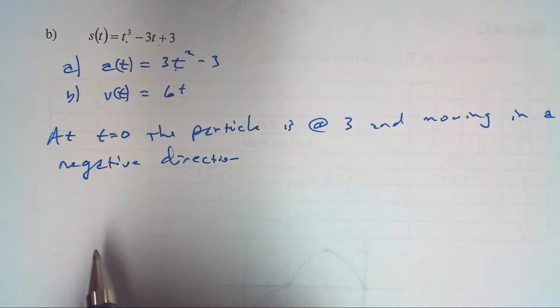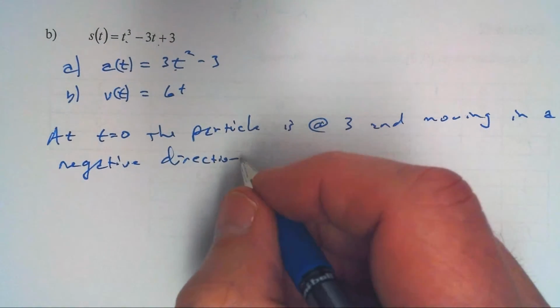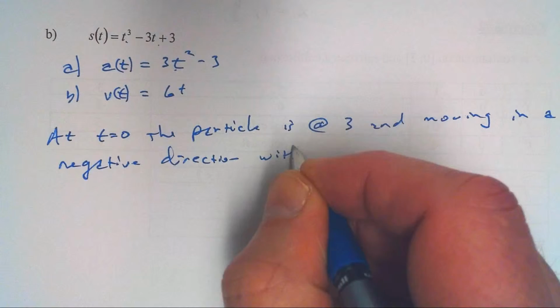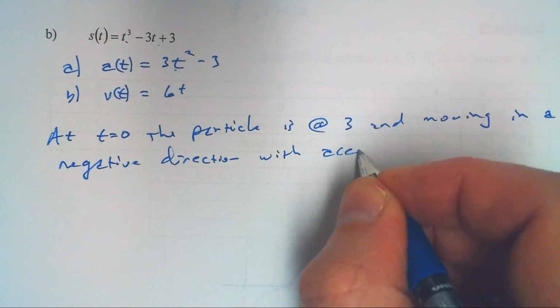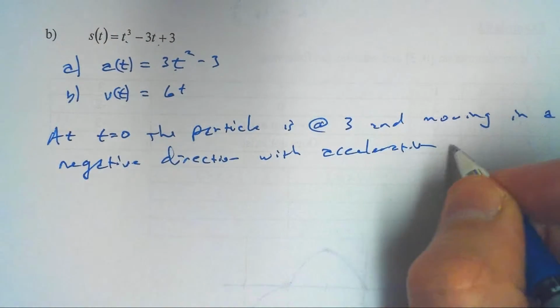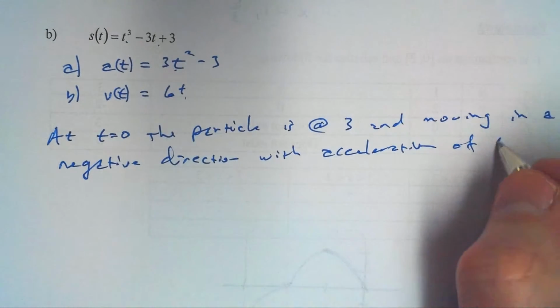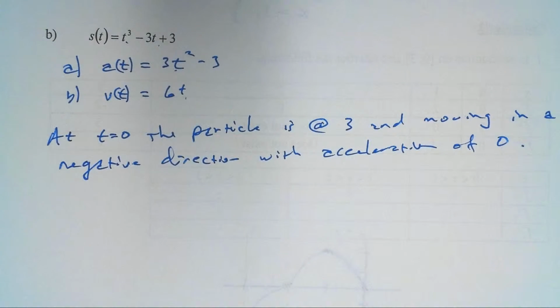I've been putting 2 L's on acceleration, that's terrible. Negative direction with acceleration of 0. 0 what? Don't know our units, but it'd be 0 feet per second, something like that.